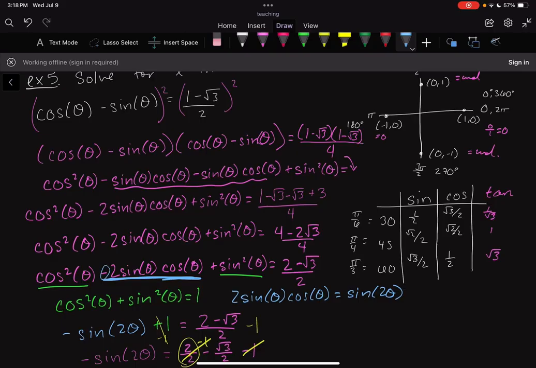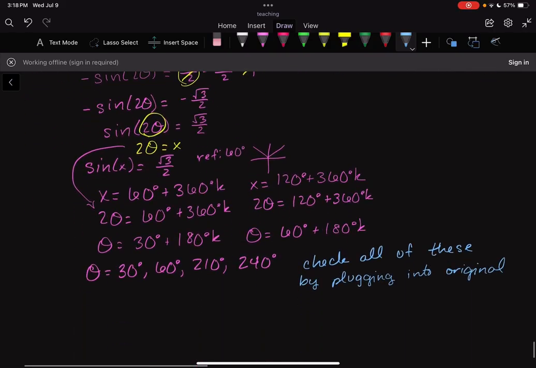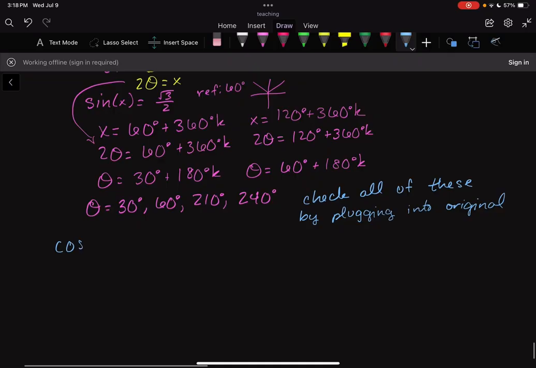So I'm going to have to check them in cosine theta minus sine theta equals 1 minus root 3 over 2. Let's see what that is in decimals.